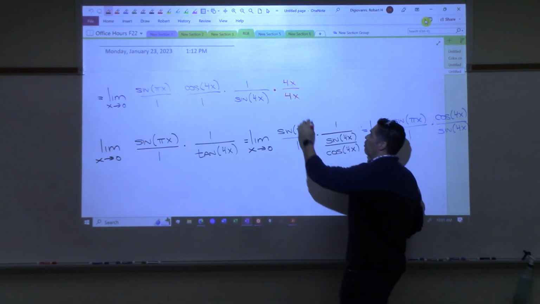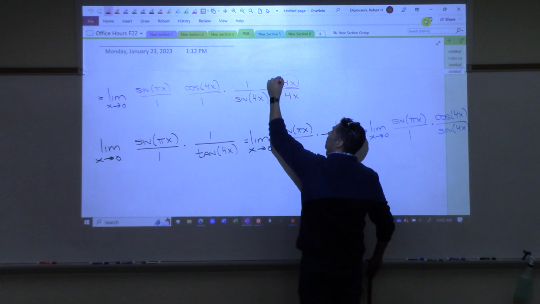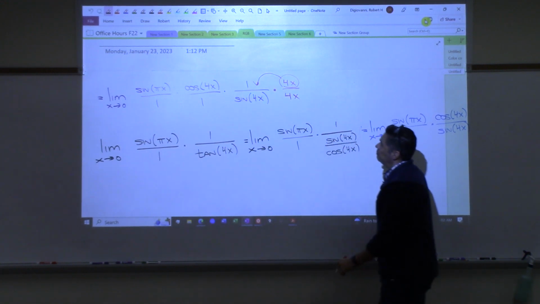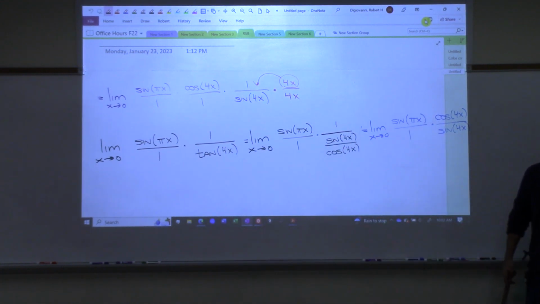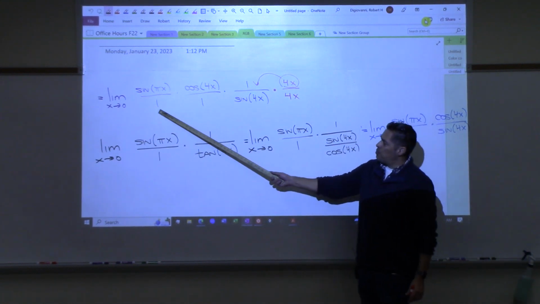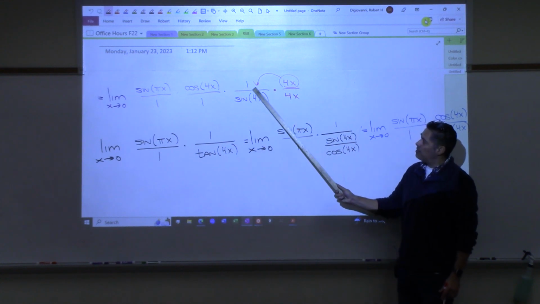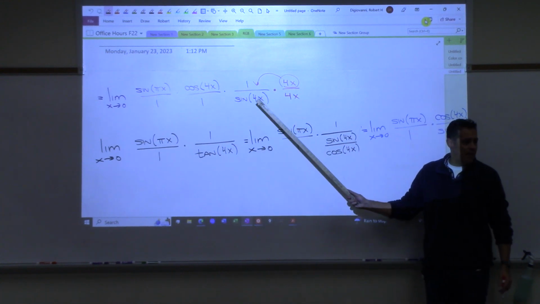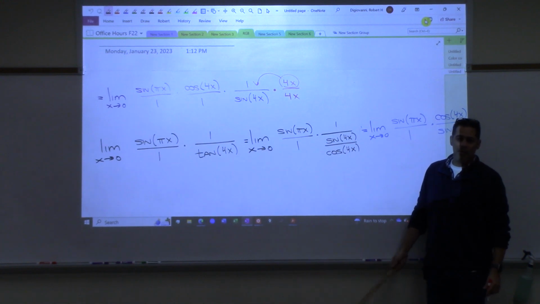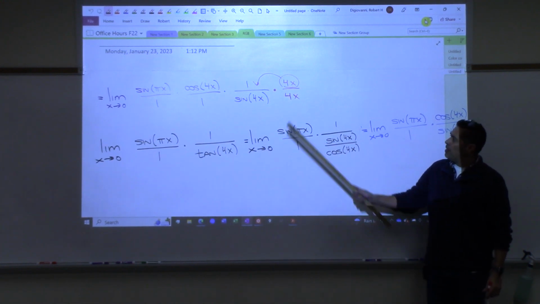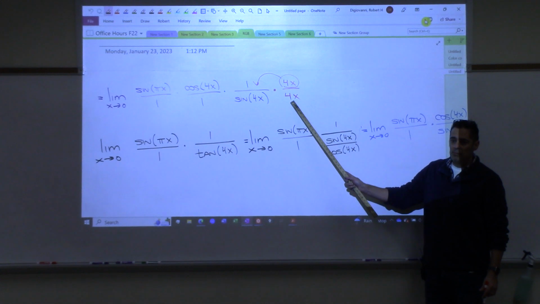I'm going to take this 4x and dump it right there. See it? So this would not be a problem, this would not be a problem, and with that 4x on top of this, this would not be a problem either, right? But what would still be a problem? The 4x we have down here.